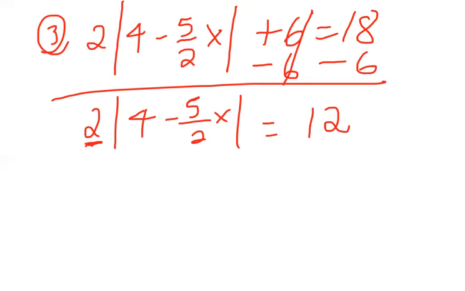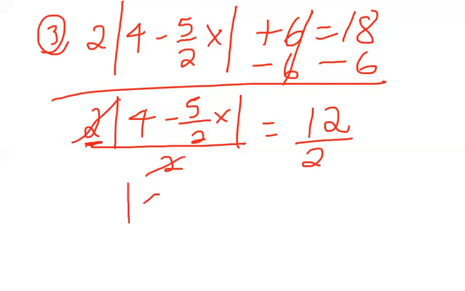But guys, the best thing to do is to eliminate the 2 by dividing both sides by the 2. And so what I'm doing here essentially is reducing the problem. It's better to work with a simplified problem, okay? So rather than distributing the 2, it's best to divide both sides by 2 and get rid of it.